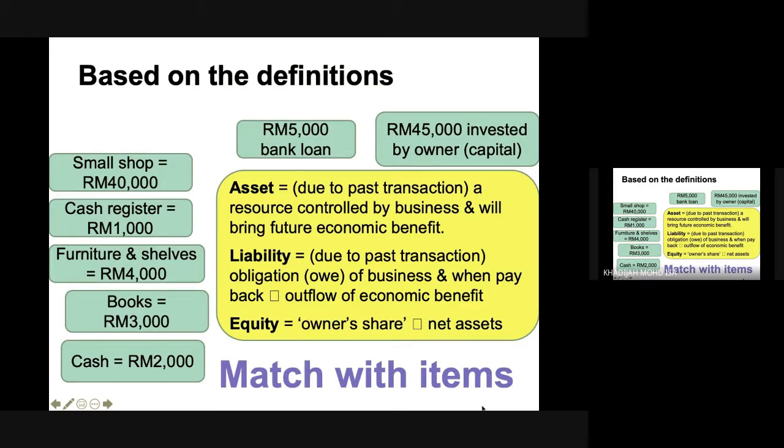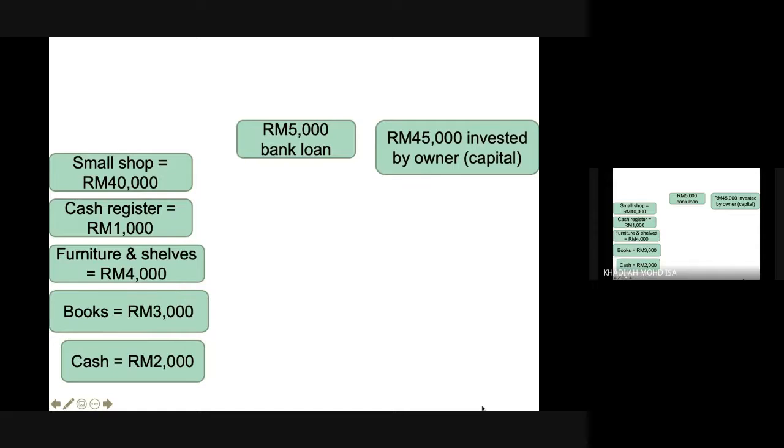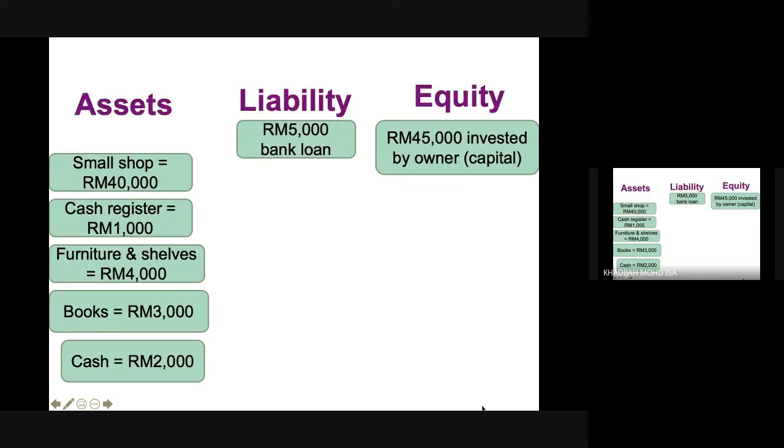Equity is the capital that is invested by the owner, 45,000. The bank loan is a liability. The 5,000 you receive from the bank, you have to pay them later. So it's an obligation to pay in the future. So that is a liability.